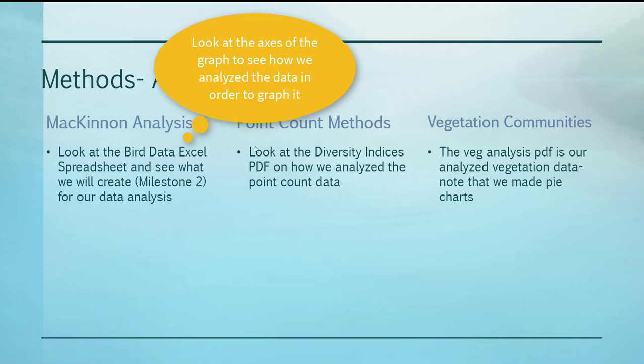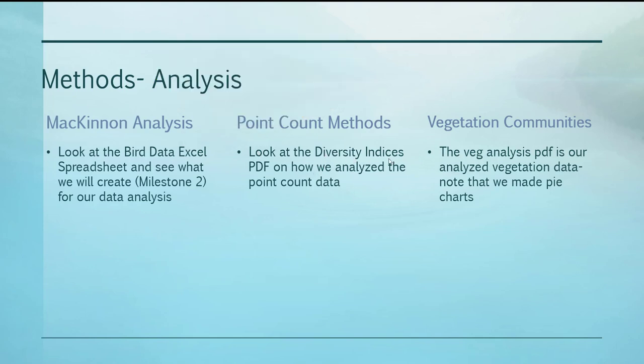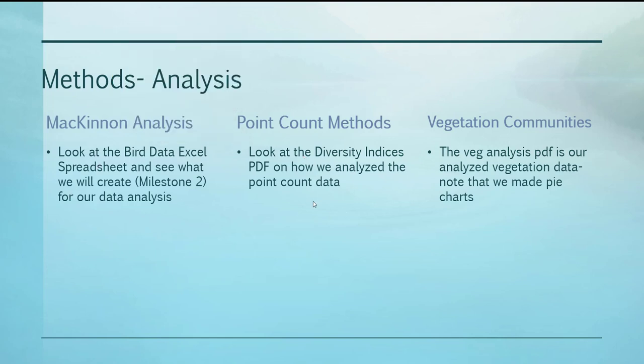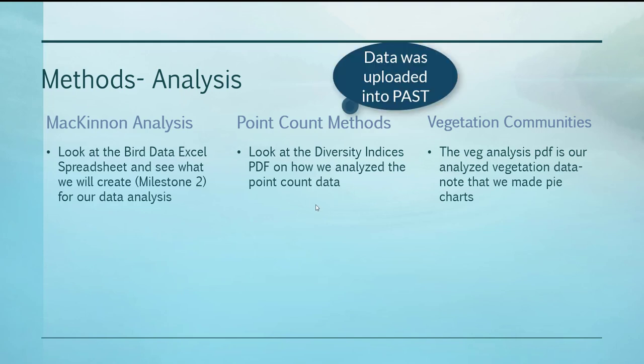The point count methods, if you go to the diversity indices PDF, that diversity indices table is based on the point count data. So you'll notice in the bird data Excel spreadsheet, we have point count data for each site. So what we did is we took that data and we uploaded it into a software program called PAST.